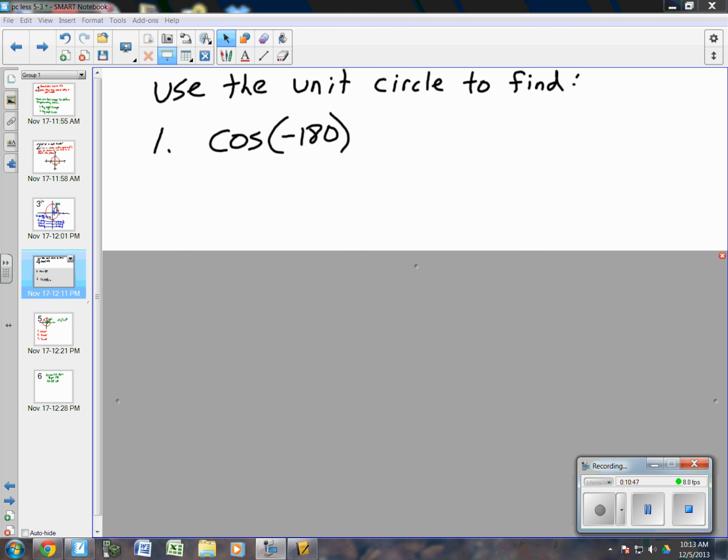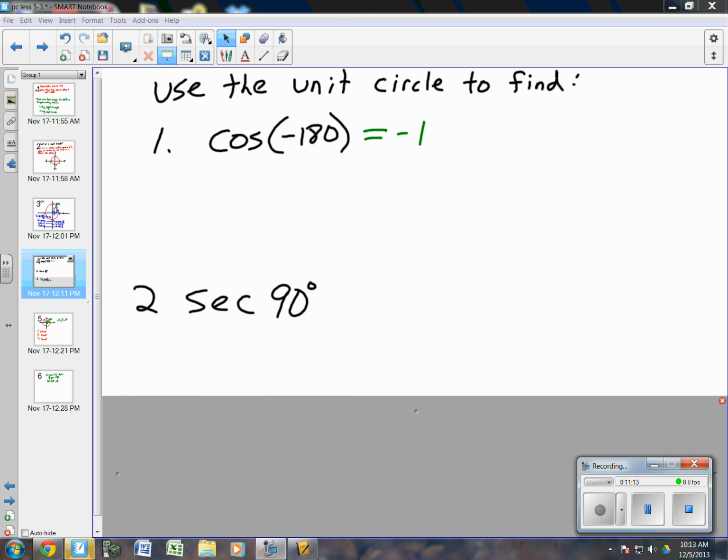Look, at negative 180 degrees, you turn clockwise. It's an angle turned this way, halfway around a circle, right? That terminal side crosses the unit circle at negative 1 comma 0. Cosine is defined to be the x-coordinate, which is negative 1.